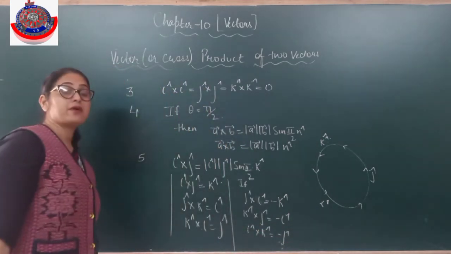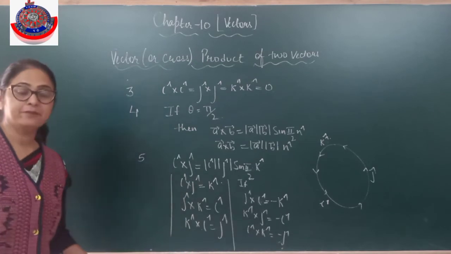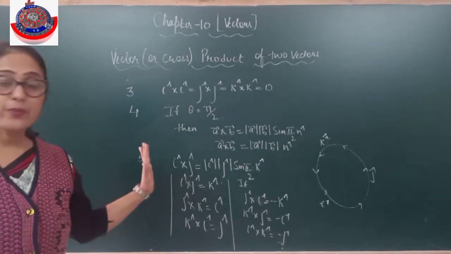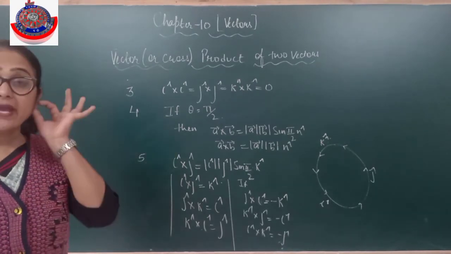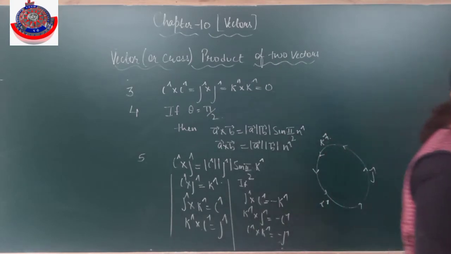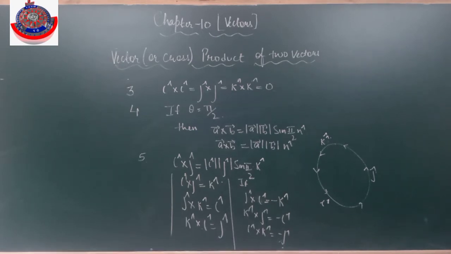This you need to remember very, very clearly. Any doubt? I hope it is clear to everyone. So in cross product, the direction matters a lot. You have to follow the right-hand thumb rule. That is very, very important.